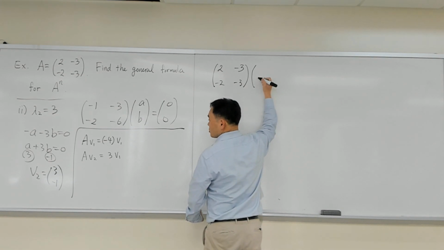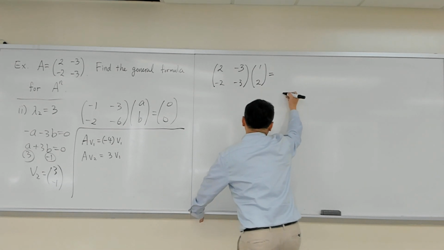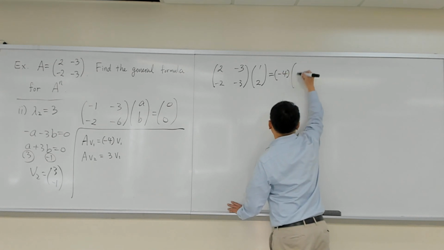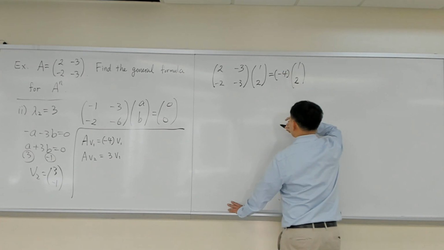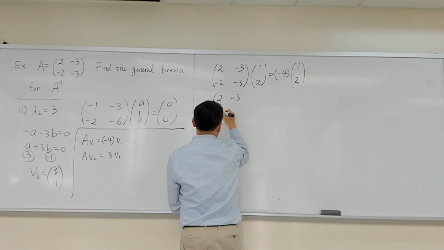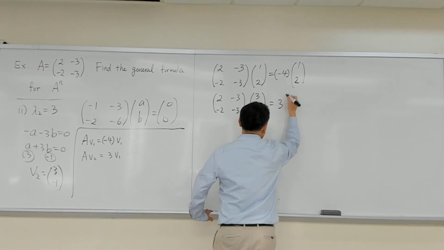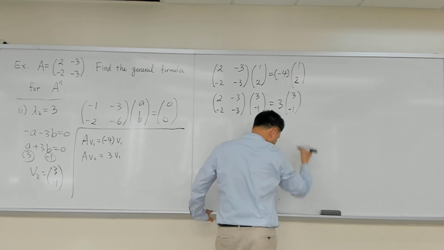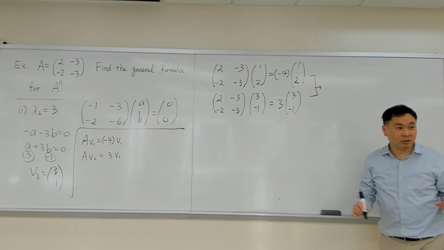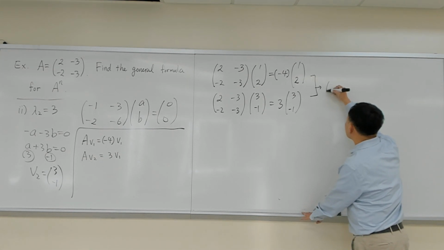Was it 1, 2? Right? Yep. It was 1, 2, is equal to -4 times 1, 2. Then we also have 2, -3, -2, -3 times 3 comma -1 equals 3 times 3, -1.